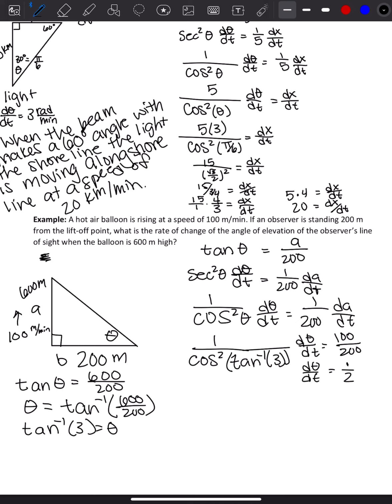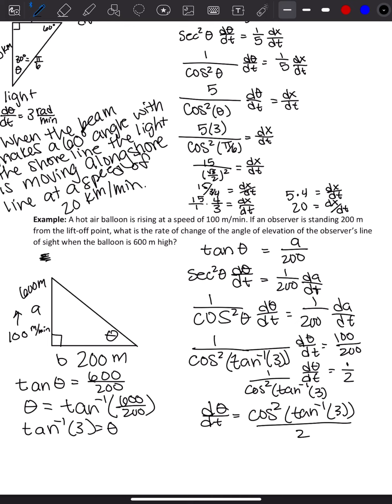And then we are going to go ahead and multiply by the cosine squared of the tangent inverse of 3. So d theta over dt is equal to cosine squared of tangent inverse of 3 divided by 2.